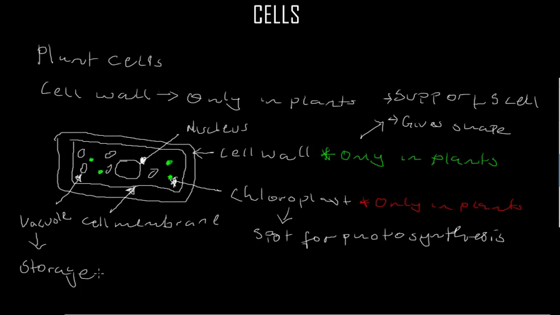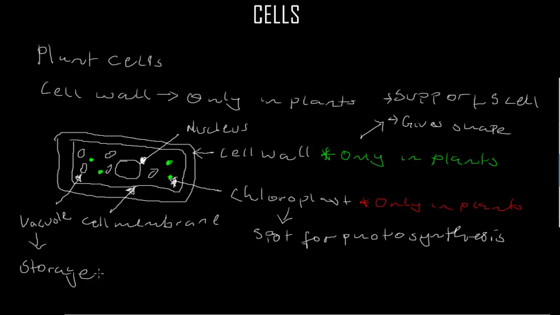So a vacuole is found in plant cells, though animal cells are said to have vacuoles, really tiny vacuoles, but plant cells have bigger vacuoles. We can argue they can be said to be found in both plants and animals, but when we talk of plants, they are more visible in plants compared to animals.